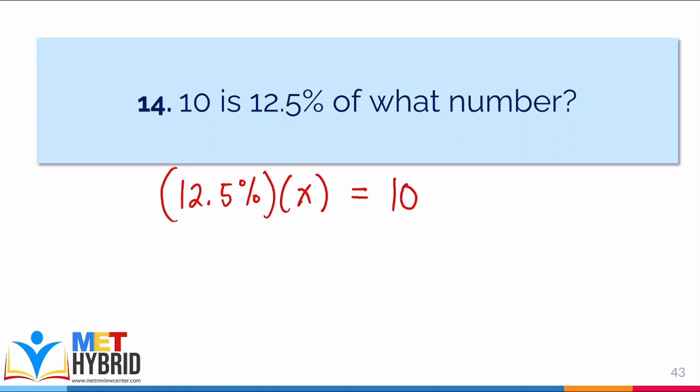So we can rewrite 12.5% as 0.125 by just simply moving the decimal point 2 decimal places to the left. Then we divide both sides by 0.125.